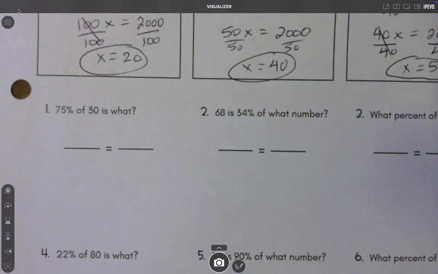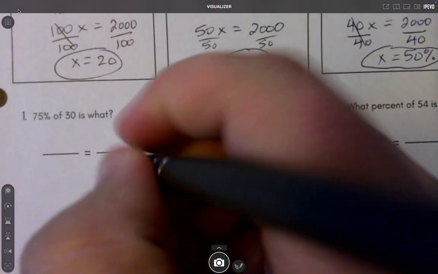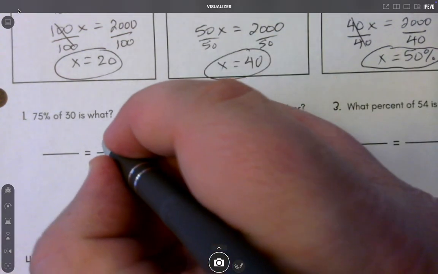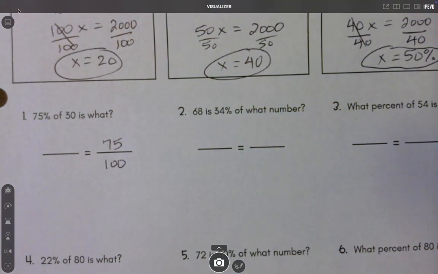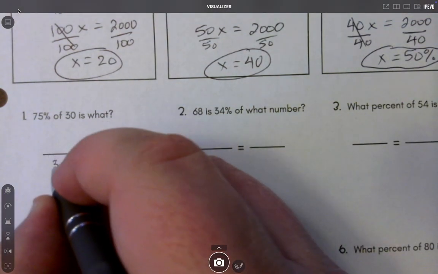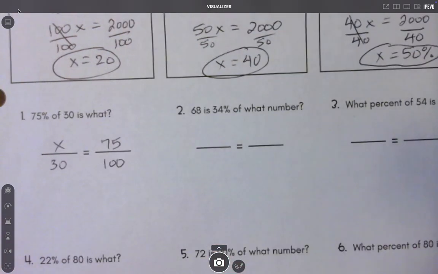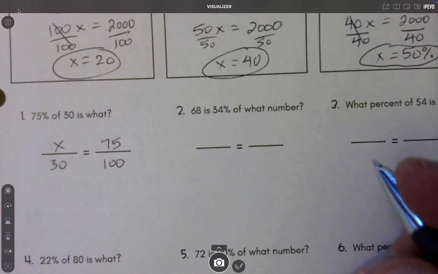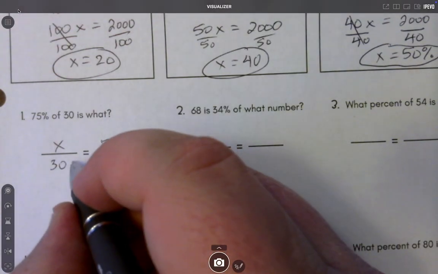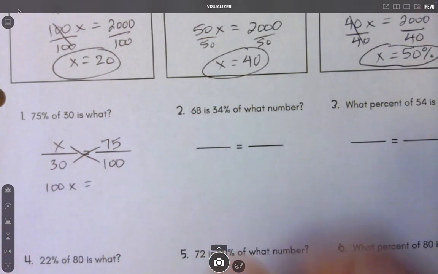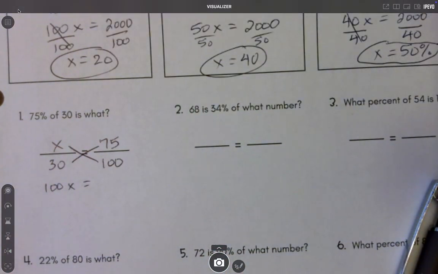Okay, now some actually different problems. I'm going to go ahead and just put 100 here because I know it always goes there. 75%, so I put 75 right there. Of 30, so of goes on the bottom because it's is over of. Is what? So we don't know the is. Okay, so we're going to cross multiply 100 times X. 75 times 30.